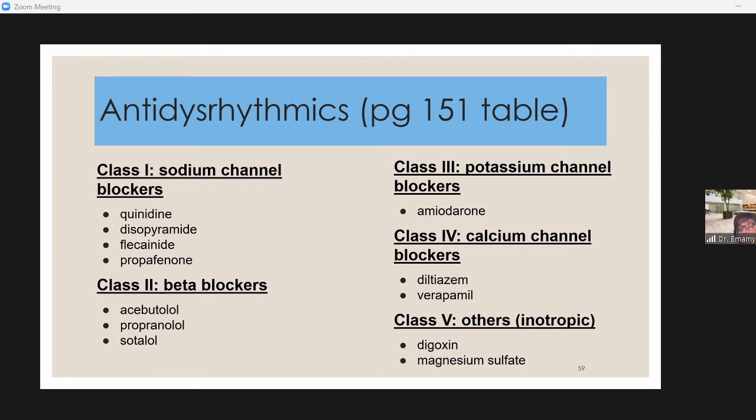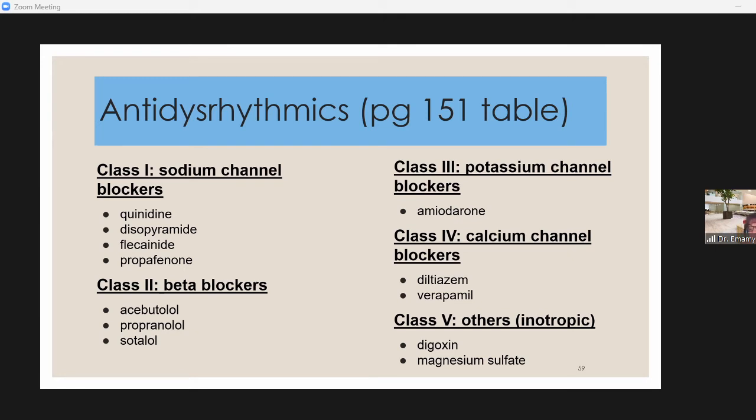Also, digoxin slows down the heart rate, like beta blockers. It's inotropic, so increases the heart muscle's strength for contraction, and also slows down the heart rate.